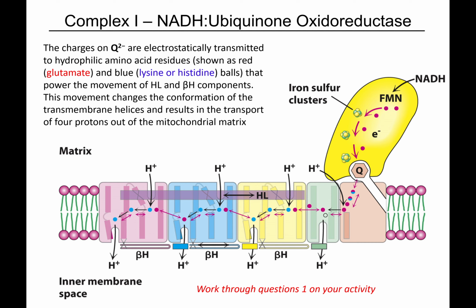The way this works in complex 1 is that as we give electrons to coenzyme Q, that negative density is sensed by a chain of glutamic acids and either lysine or histidine, shown as red or blue dots here. The new negative charge on coenzyme Q is sensed by this series of amino acid side chains. And as new negative charge shows up, that impacts the pKa of each of these in the chain, which then demands them to be protonated, right?